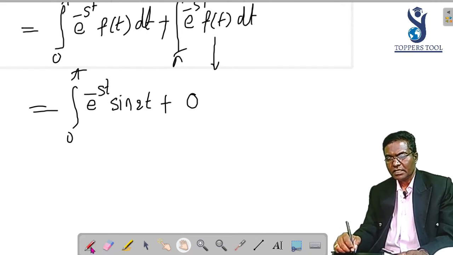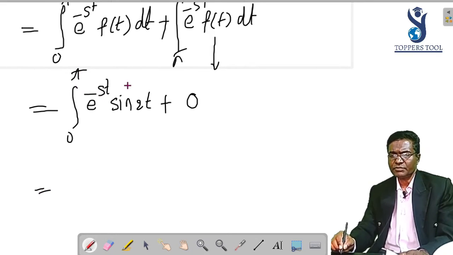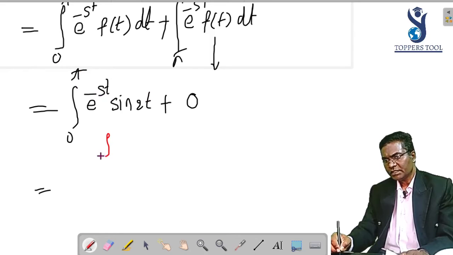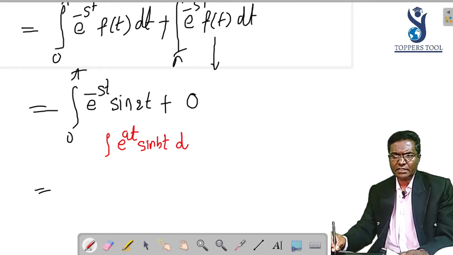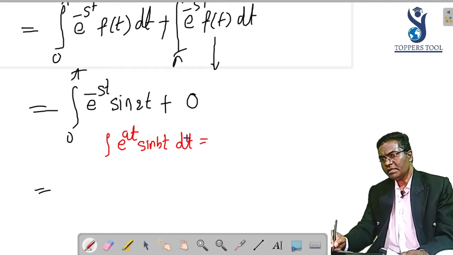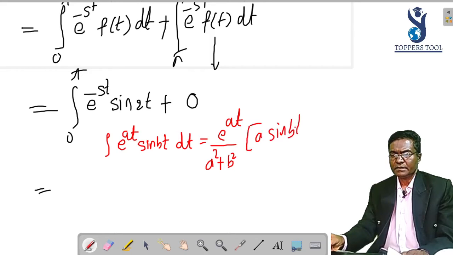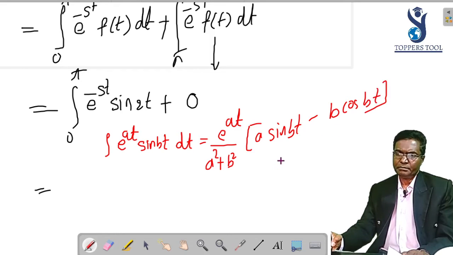Now see here, you need to integrate it by the formula that was provided earlier. So remember this: integration of e power at into sine bt, which I had given already, is e power at by a square plus b square into (a sine bt minus b cos bt).